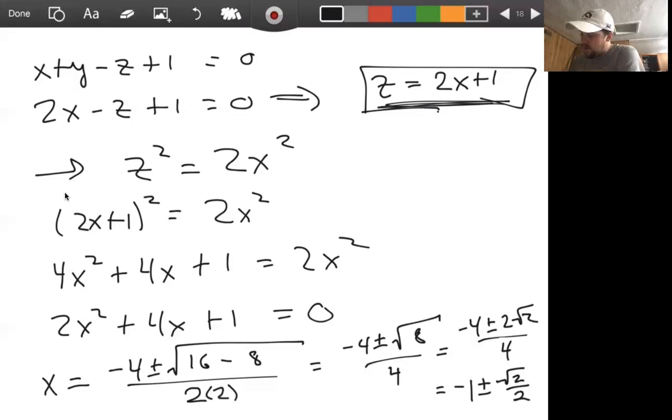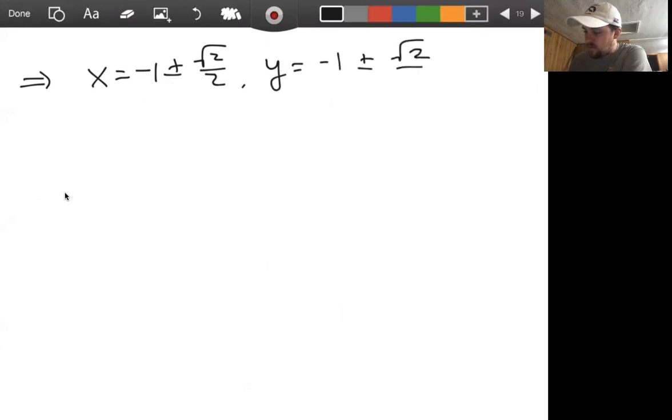And so here we have two solutions now, right? We have that x is equal to -1 plus or minus root 2 over 2. y is equal to -1 plus or minus root 2 over 2.